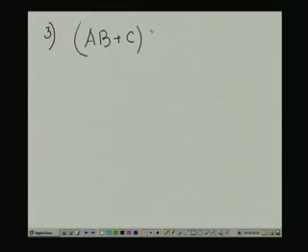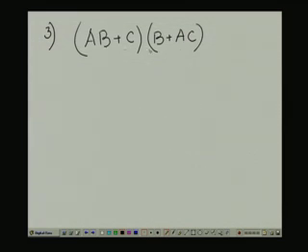So, this is question number 3 and the problem is a b plus c into b plus a c. First we take the sum of min terms.